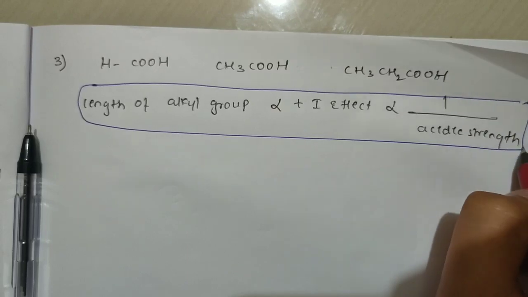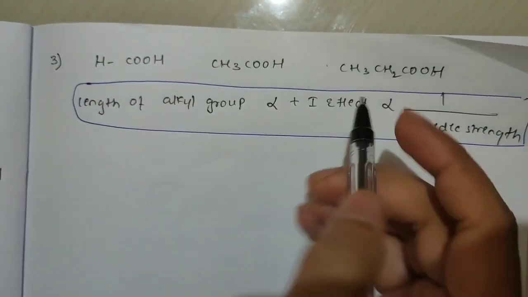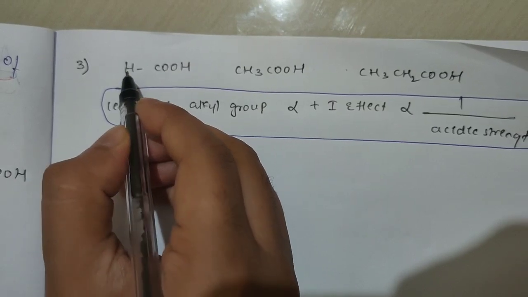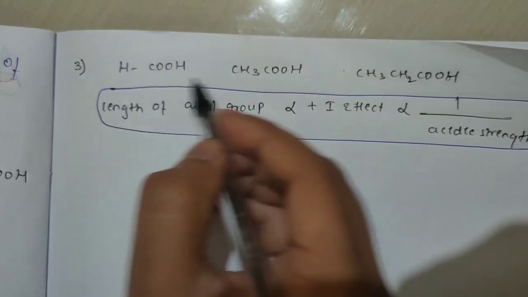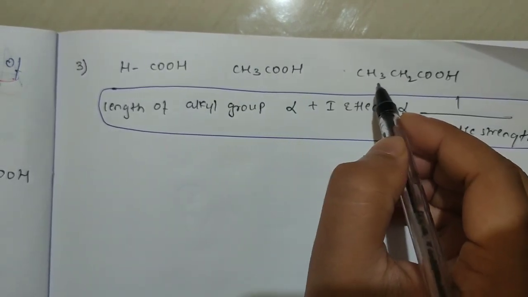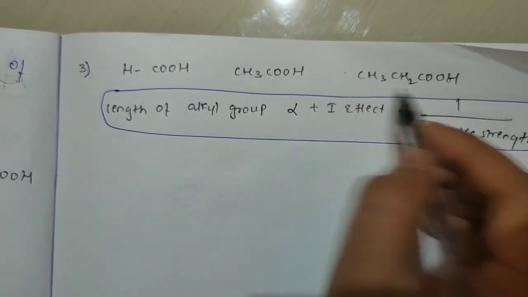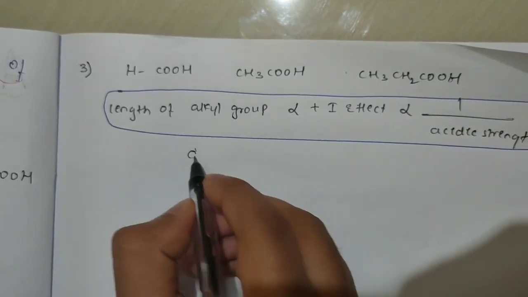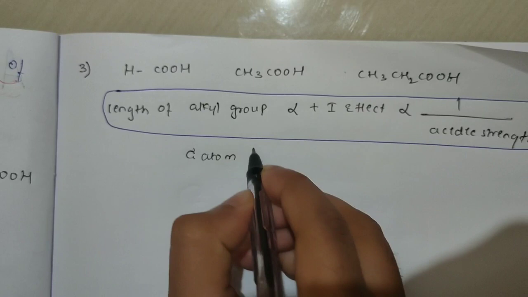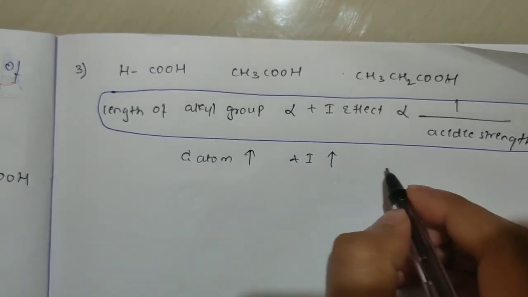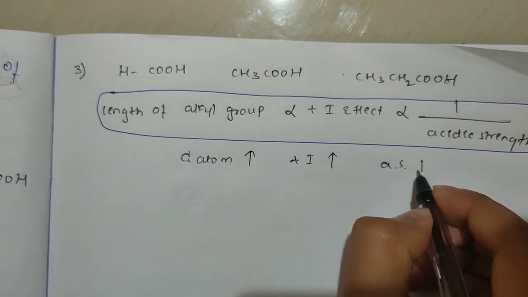Just see in my question where the alkyl chain is. Here hydrogen is neither an electron donating group nor a withdrawing group. Here it is an electron donating group, I mean plus I effect, and here the ethyl group is also a plus I effect. What happens, as the number of carbon atoms increases, the plus I effect also increases, but the acidic strength decreases.